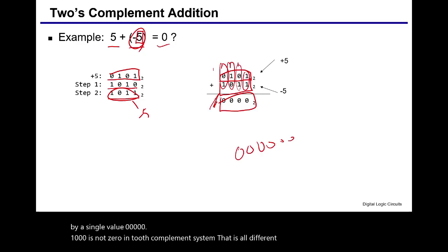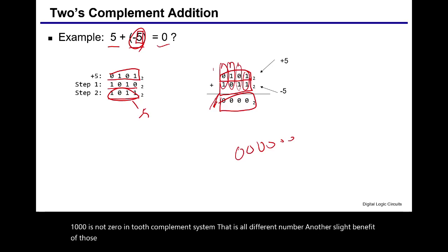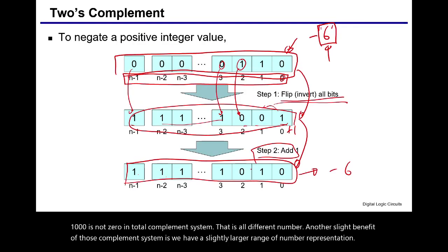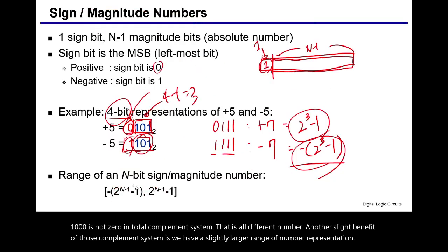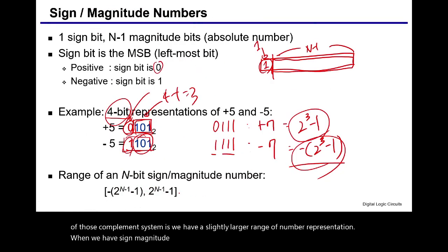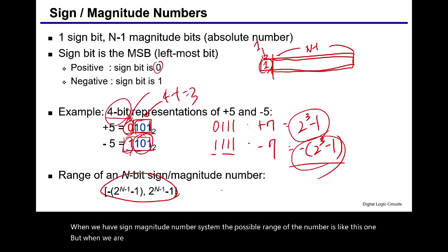Another slight benefit of two's complement system is we have a slightly larger range of number representation. When we have sign magnitude number system, the possible range of the number is like this one. But when we are using two's complement system, the possible range of the number is this.